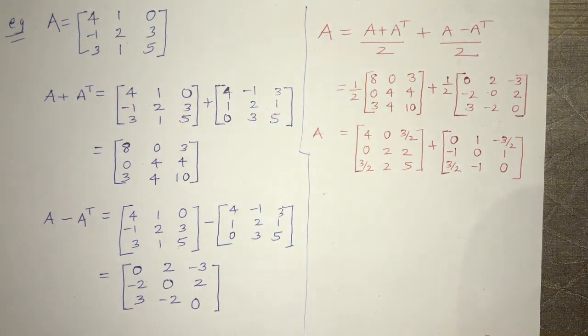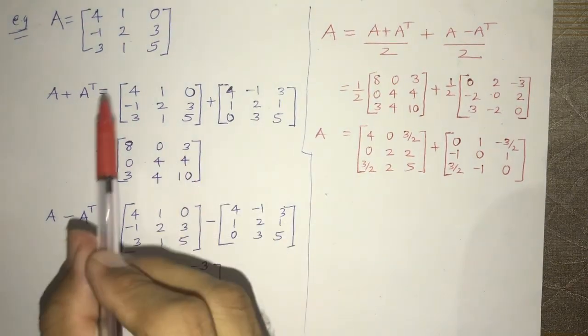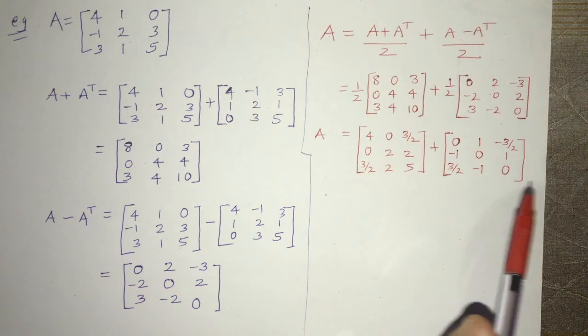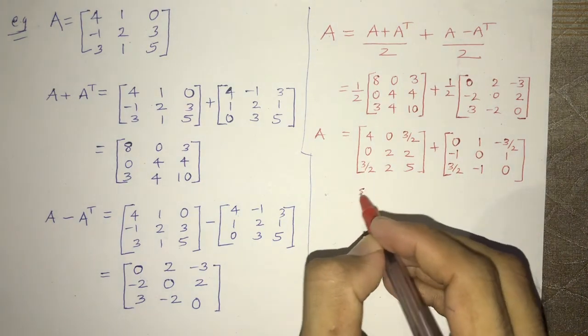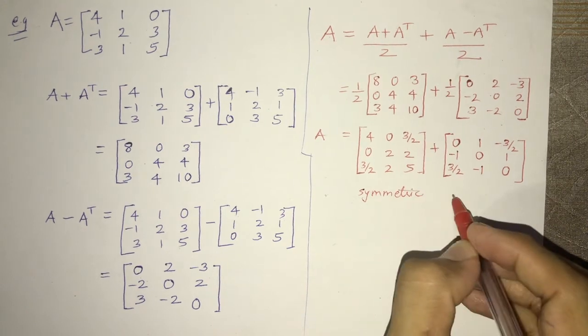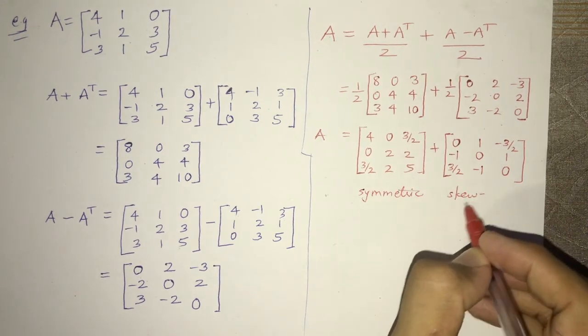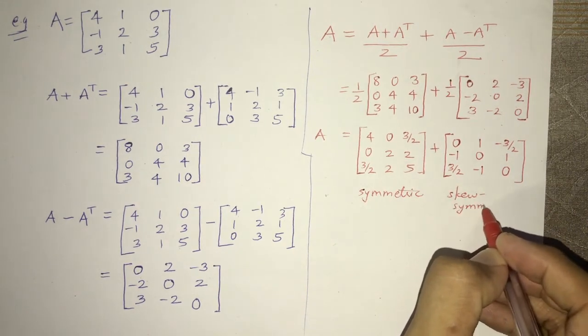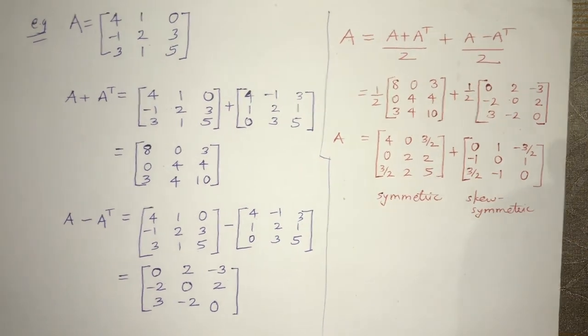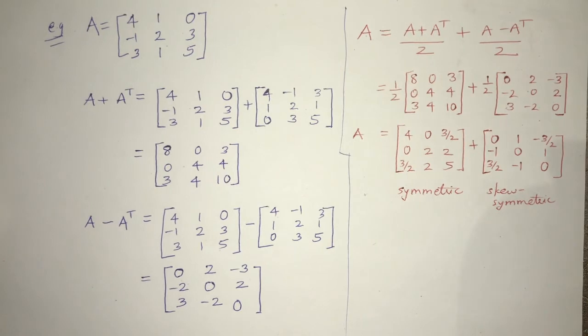So A has been split up into two matrices. This matrix A we have split up into two matrices. First one is symmetric. The second one is skew symmetric. So every square matrix can be written as sum of a symmetric and a skew symmetric matrix. I hope it is clear.